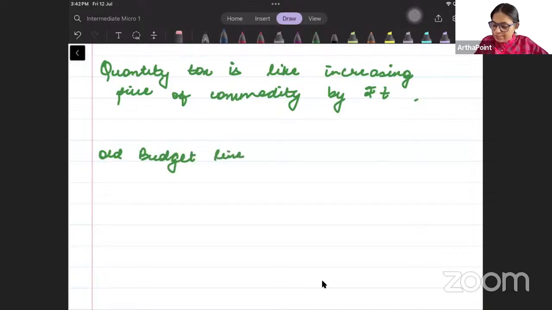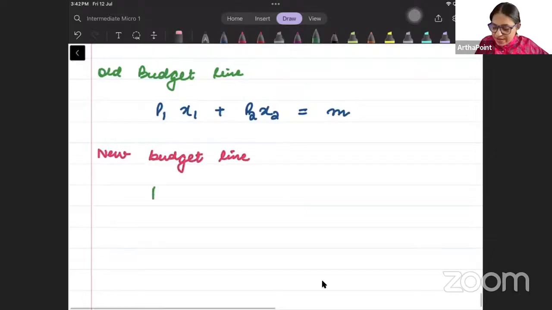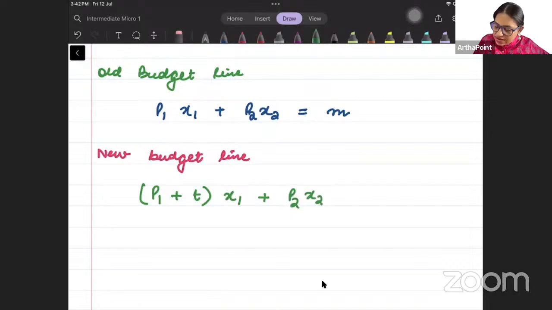So what is your old budget line beta? It is P1 X1 plus P2 X2 is equal to income of consumer. And what will be your new budget line beta? The price of the good is now P1 plus T per unit. हर यूनिट के लिए आप अब P1 plus T पे कर रहे हो into number of units plus P2 X2 is equal to income.